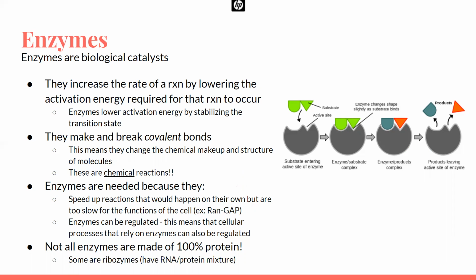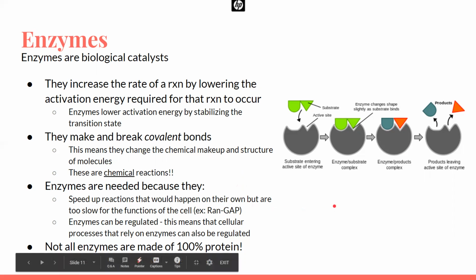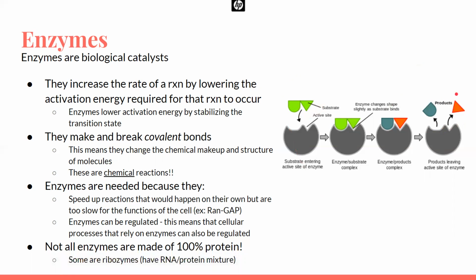So enzymes can be regulated. And this is also really important because this means that the processes that the enzymes act on are also regulated. So say this is a really important substrate and it needs to make these really important products. Say it's something about, I don't know, blood pressure. Say by making these products, you'll lower blood pressure, right?